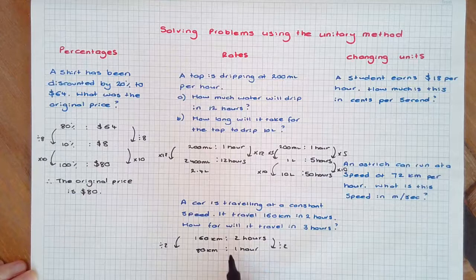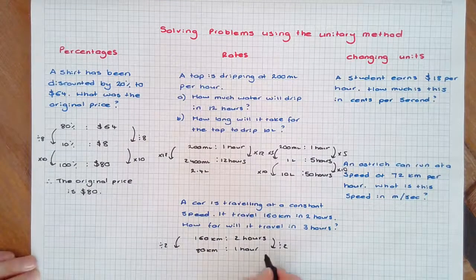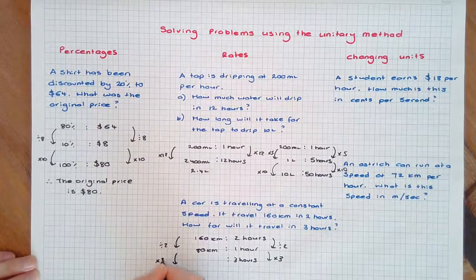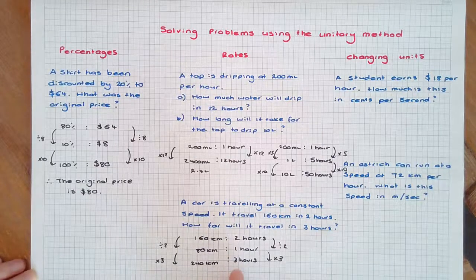Therefore, the unitary method, 1 hour, will represent 80 kilometres. Multiplying by 3 to give us the 3 hours, 80 times 3 is 240 kilometres. Therefore, in 3 hours, the car will travel 240 kilometres.